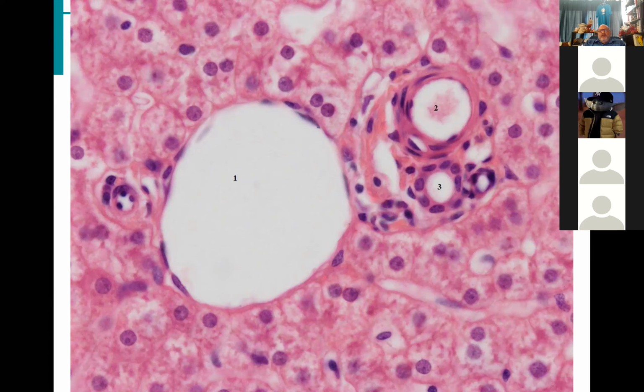But notice both of them are lined with simple squamous epithelial tissue, whereas the epithelial tissue that forms the duct is going to be a simple cuboidal epithelial tissue. So the epithelial tissue here is much more prominent, much more obvious. The muscle layer, much more obvious. The size, typically very obvious. So each one of them has something very obvious about them that should help you to be able to distinguish them.